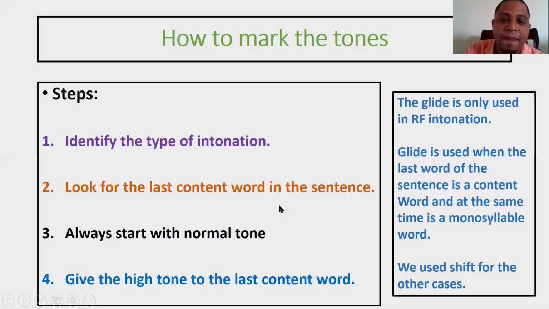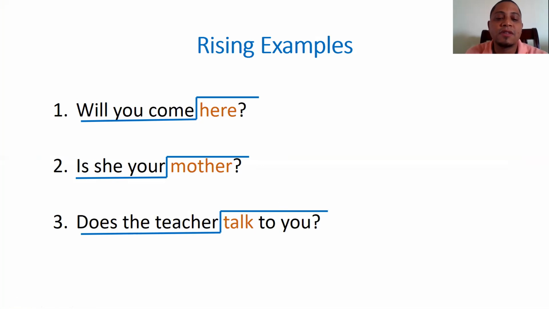Okay, so here says, does the teacher talk to you? As you can notice here, this is an auxiliary, so it's rising intonation. You can answer with a yes or no, and that's rising intonation. And we're gonna look for the last content word, which is talk. To and you are function words.